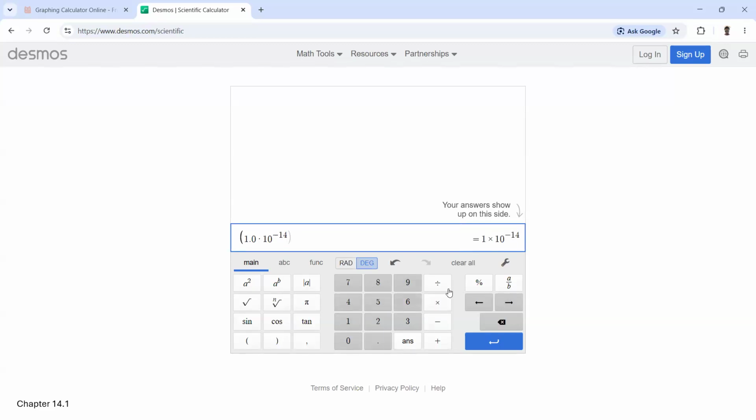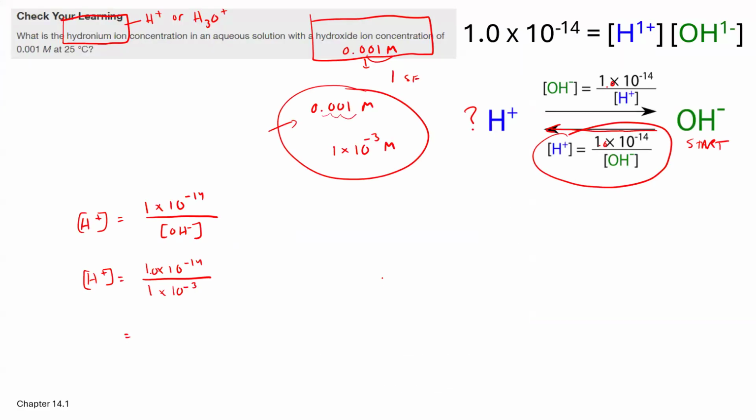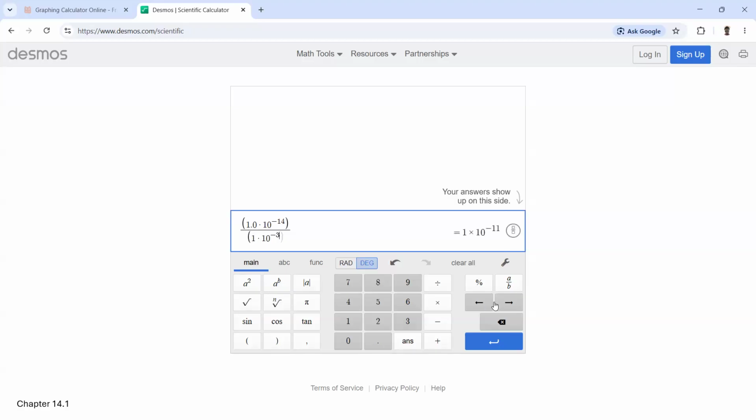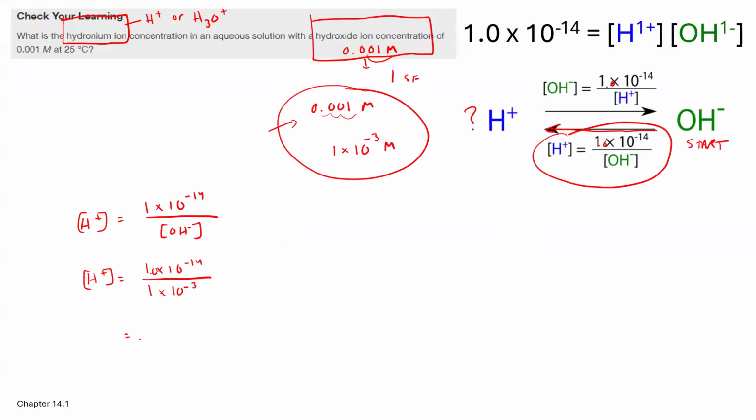We're going to use the arrow, close parentheses, divided by, open parentheses, 1 times 10 to the negative third. Close parentheses, and we have 1 times 10 to the negative 11th. And that's molar.